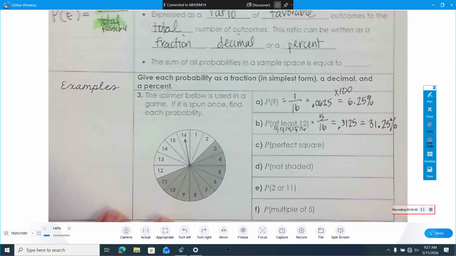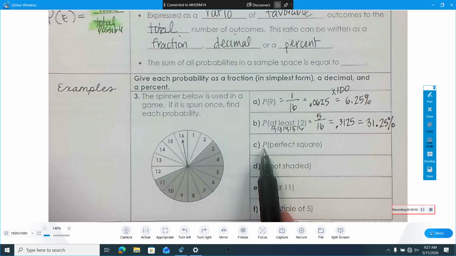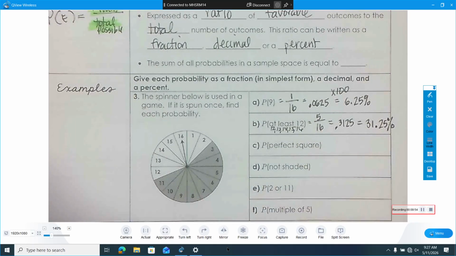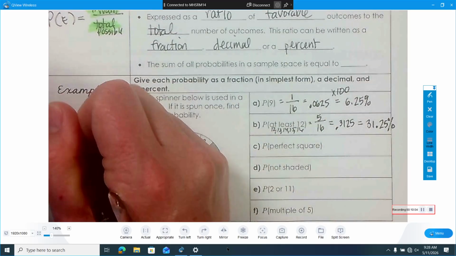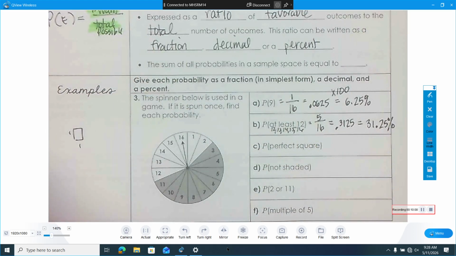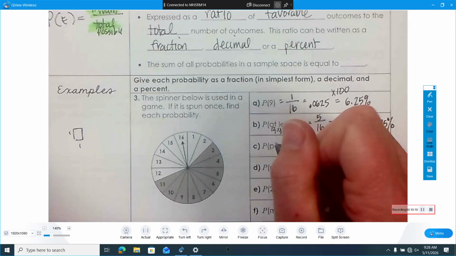Okie dokie. On letter C, this is asking, what's the probability of spinning a perfect square? Ladies and gentlemen, what are the perfect squares? Here's a perfect square of side length 1. What's its area? 1.